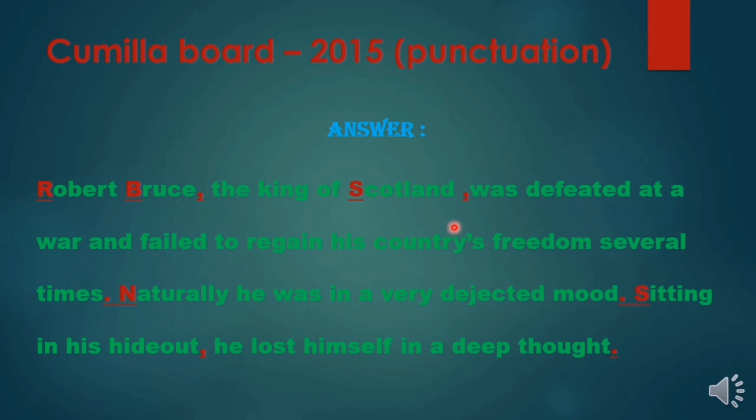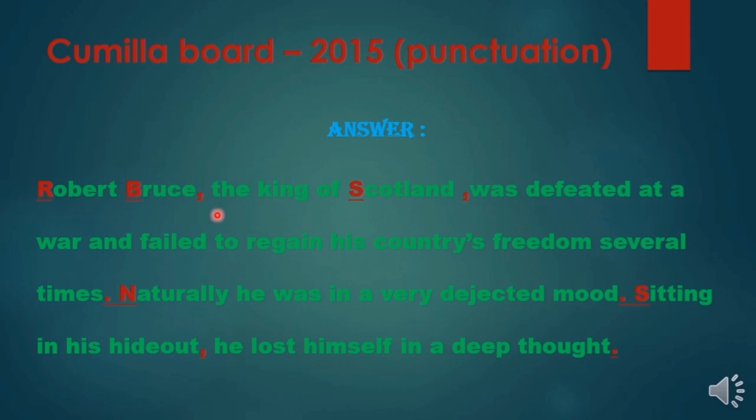So that's why we must put comma in the proper places. And you can see Scotland, another proper noun, so it should be in capital letter, and all the punctuation marks and capital letters should be underlined. No need to underline the full word, only underline the letter where you have used the capital letters and the punctuation marks. Now let's read the full sentence once again.